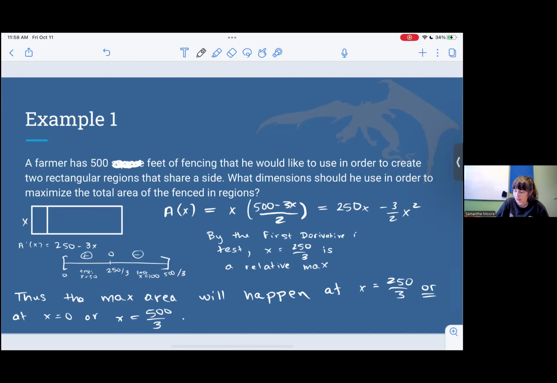And so the idea is you need to go through and test all of these in the area formula. So go back and calculate the area at 0. Turns out that is 0.